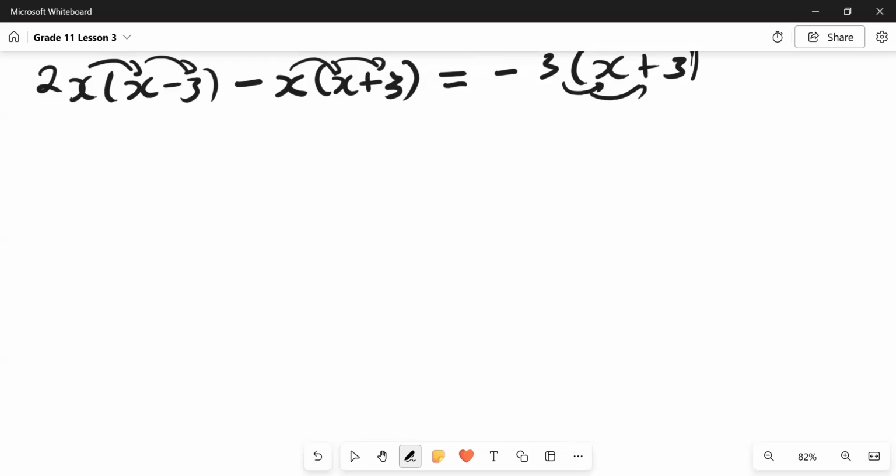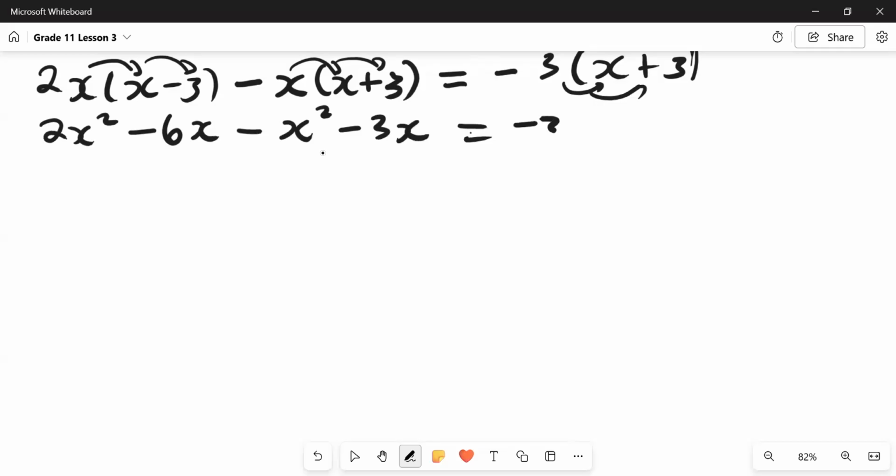So this is 2x squared minus 6x minus x squared minus 3x equals minus 3x minus 9. Now we have to take care of these. And we get x squared.